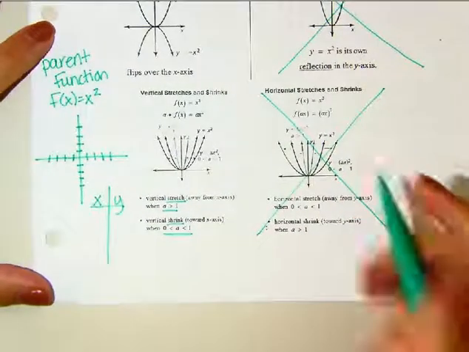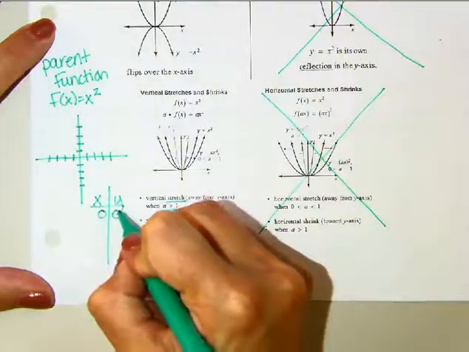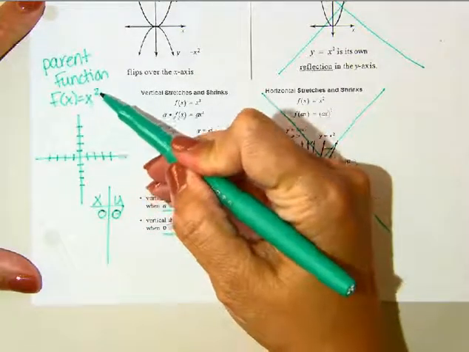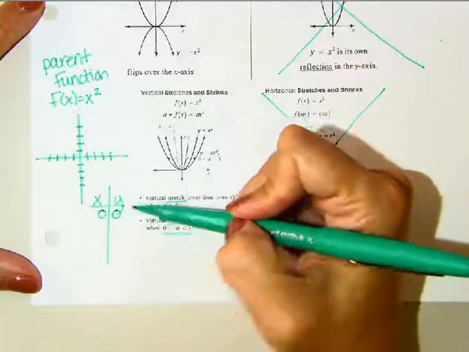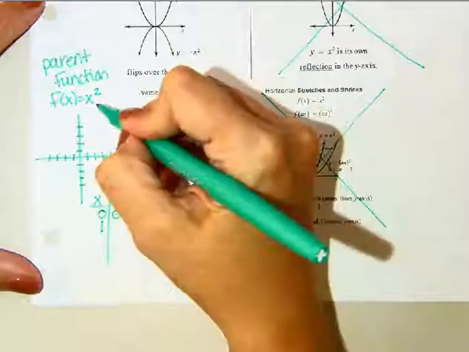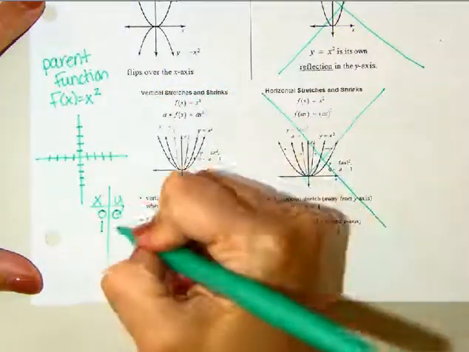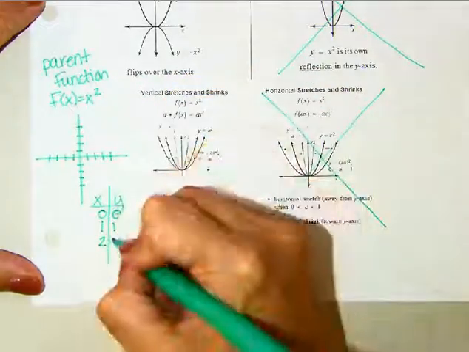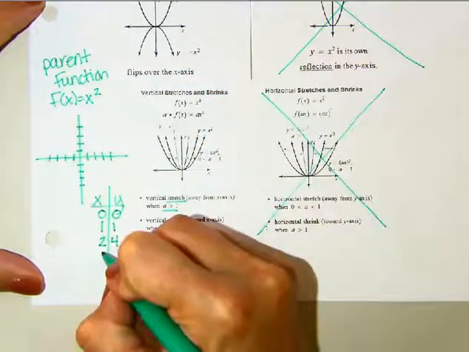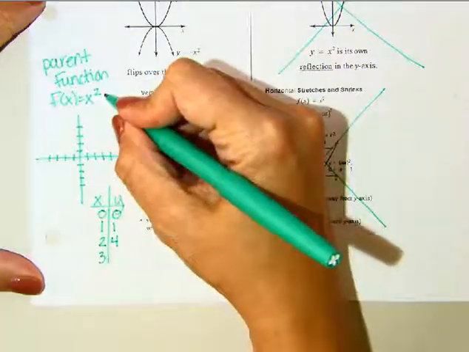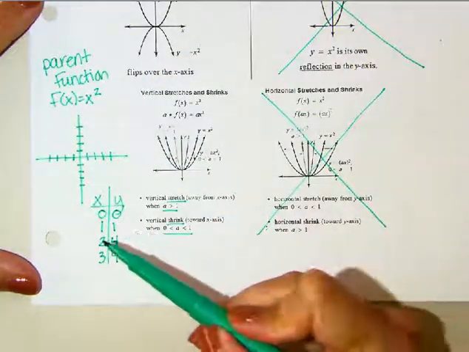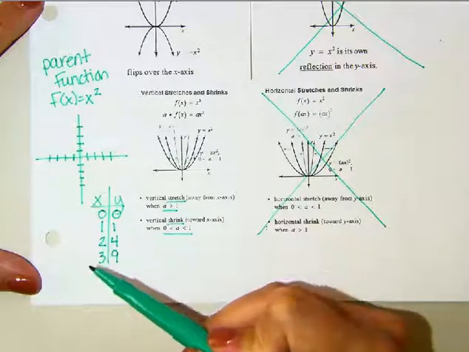All parent functions start at 0, 0. Now, if I plug 0 in for x, 0 squared is 0, so that's where that comes from. Now, if I plug 1 in for x, 1 squared is 1. If I plug 2 in, 2 squared is 4. If I plug 3 in, 3 squared is 9. Okay? So these are the points to memorize. 1, 1, 2, 4, 3, 9.